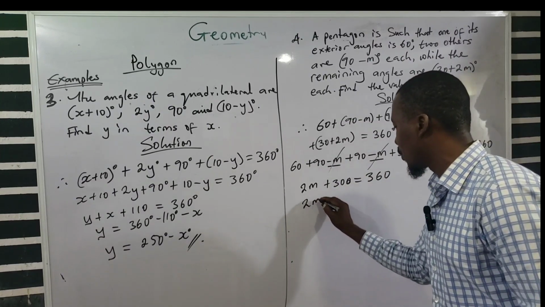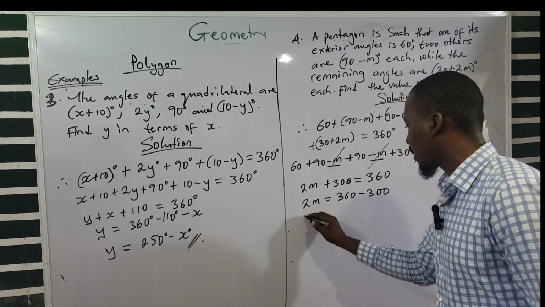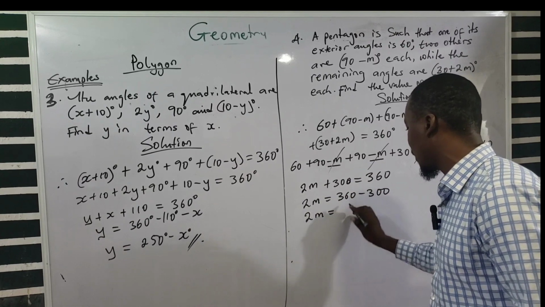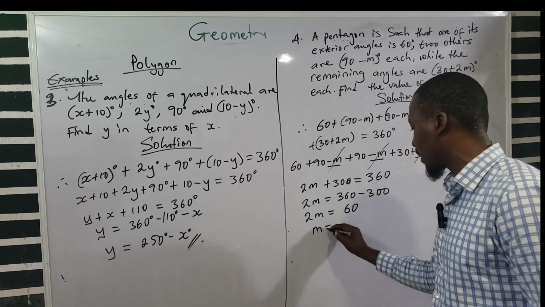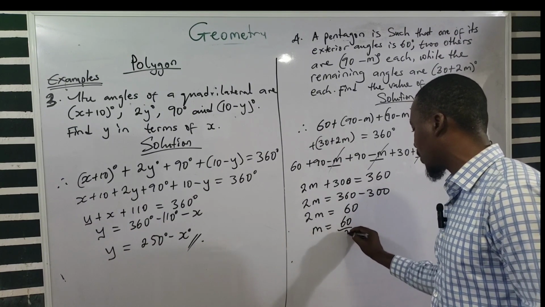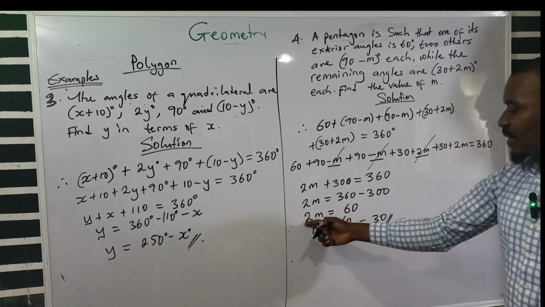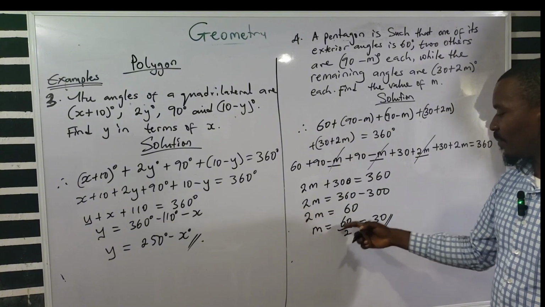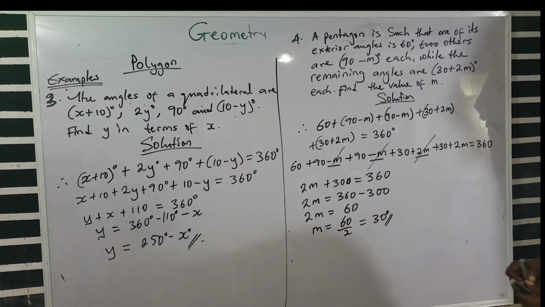That will give us 2m equals 360 minus 300, so 2m equals 60. So 2 times m equals 60 simply means m equals 60 over 2, which is 30. What I did is divide both sides by 2, so the 2 cancels the 2 here. I have m; 60 divided by 2 gives 30 degrees. So the value of m equals 30 degrees.